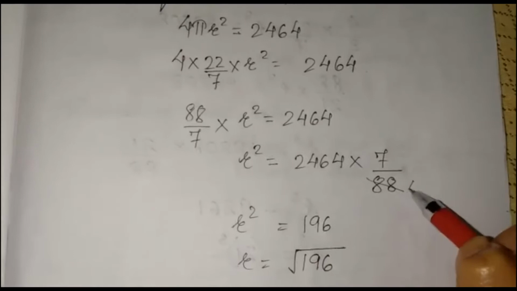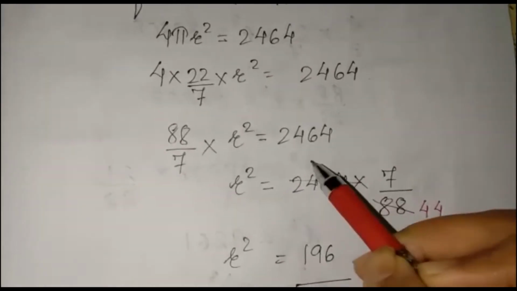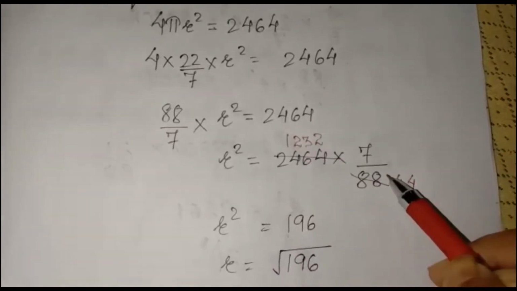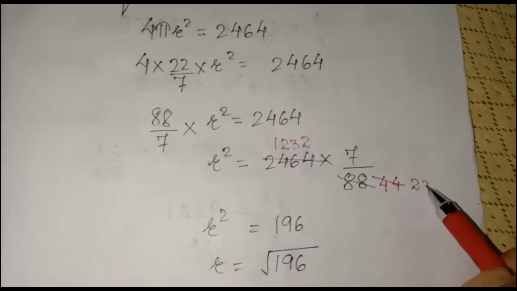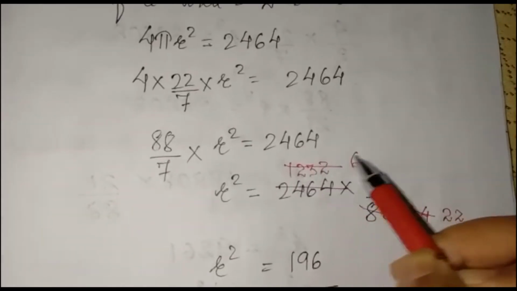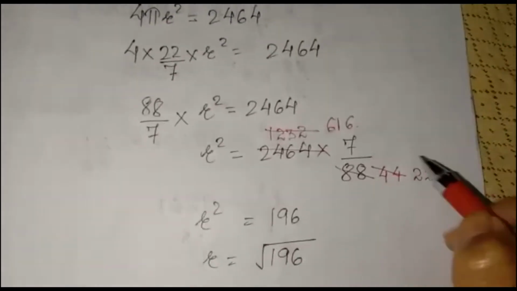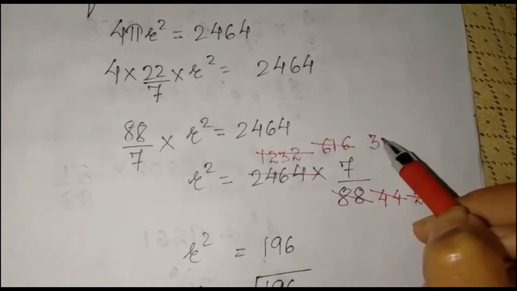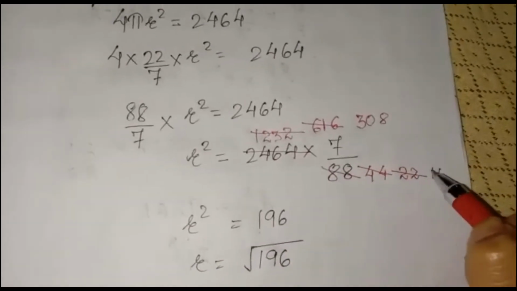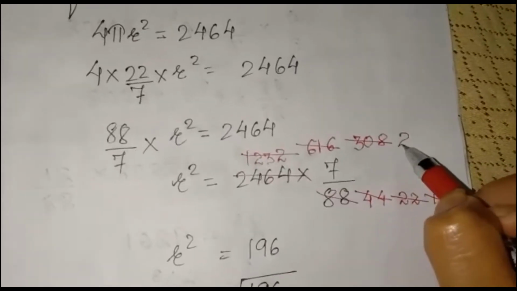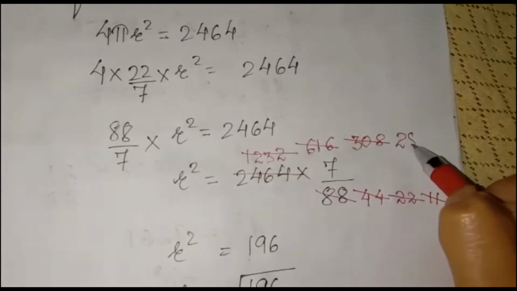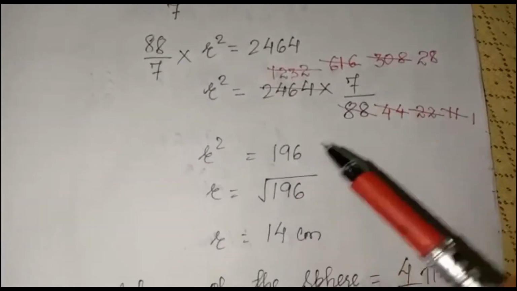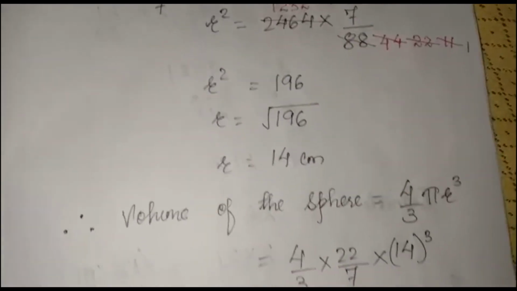Now cancel. 2 4s are 8, 2 1s are 2, 2 2s are 4, 2 3s are 6, and so on. Then 11 8s are 88. So 28 into 7 is 196. So square root of 196 is 14 centimeter.